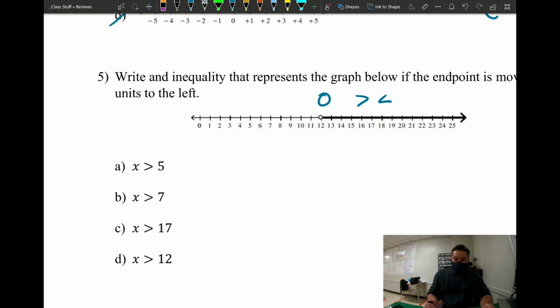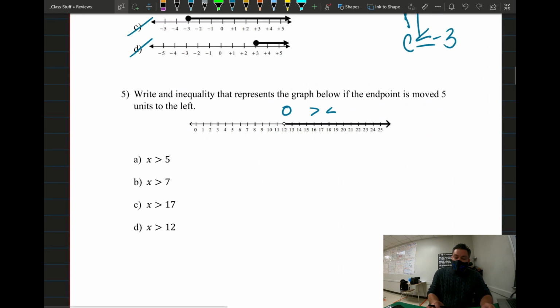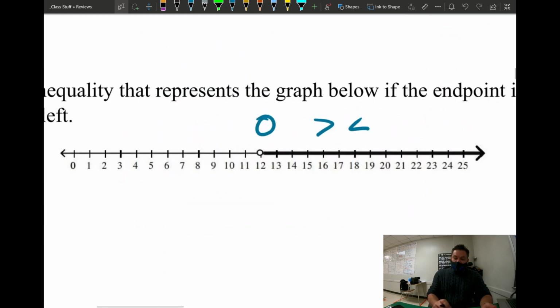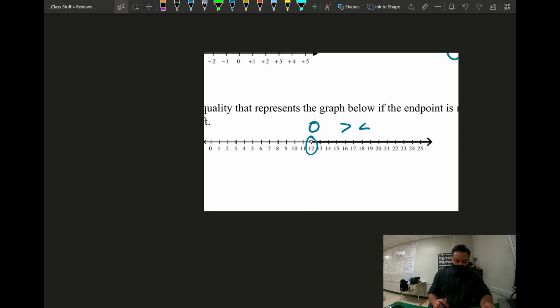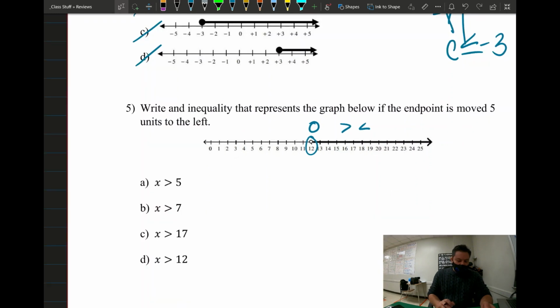So let's look at the answer choices. Make sure you read this thing before you actually select anything. Because if you don't read it and you just look at this, you're going to select, well, it's a 12, and you're going to select the answer choice 12. But in this case, it's not 12 because I'm not looking for 12. I have moved 5 units to the left.